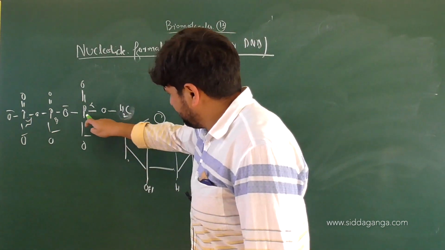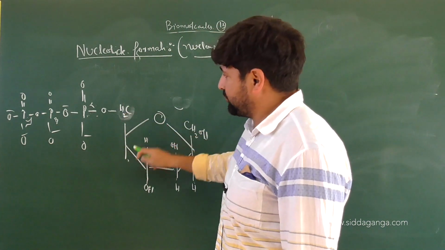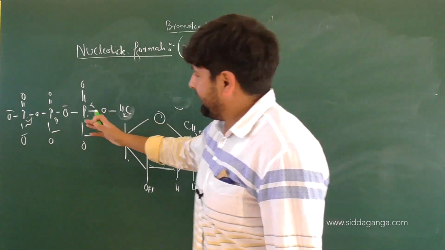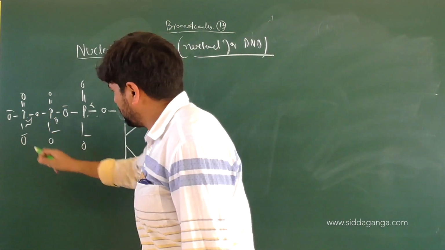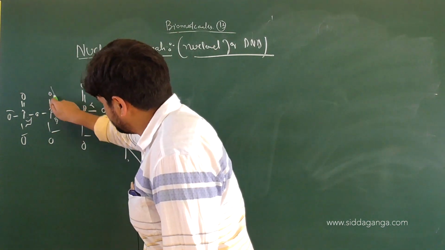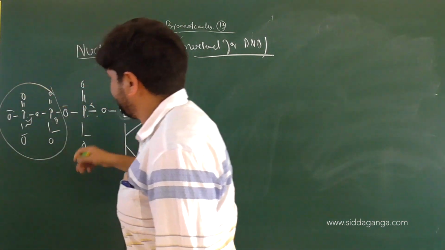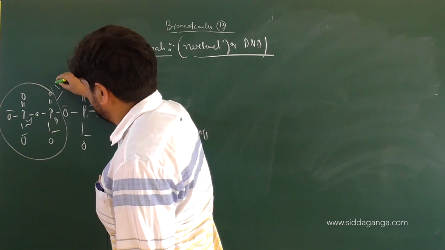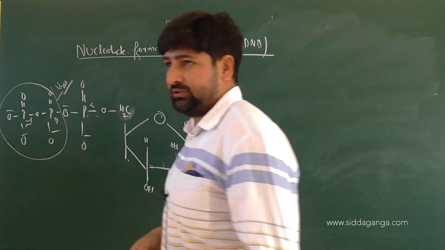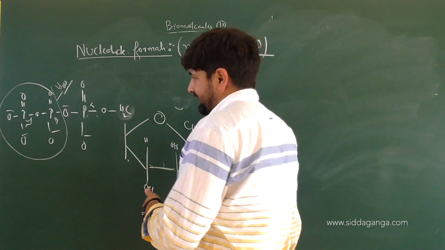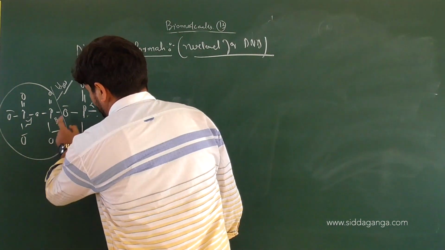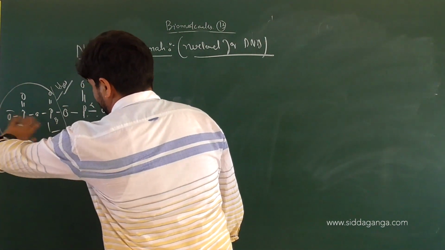The phosphate which is closest to the ribose sugar is strongly held. The anhydride linkages will be broken and these 2 phosphate groups will be released. You can do that by the addition of a water molecule. Once the water molecule is added, this will convert to OH, OH, OH, OH. Accordingly, you can see the balancing of this molecule.